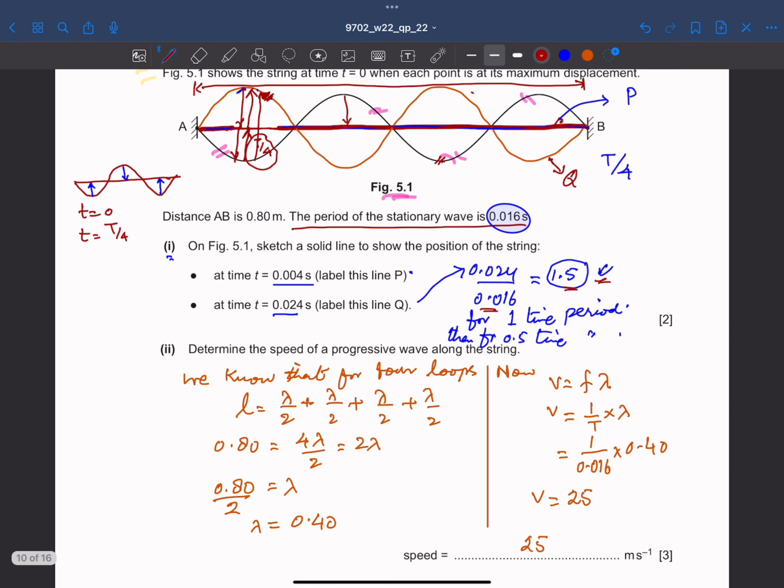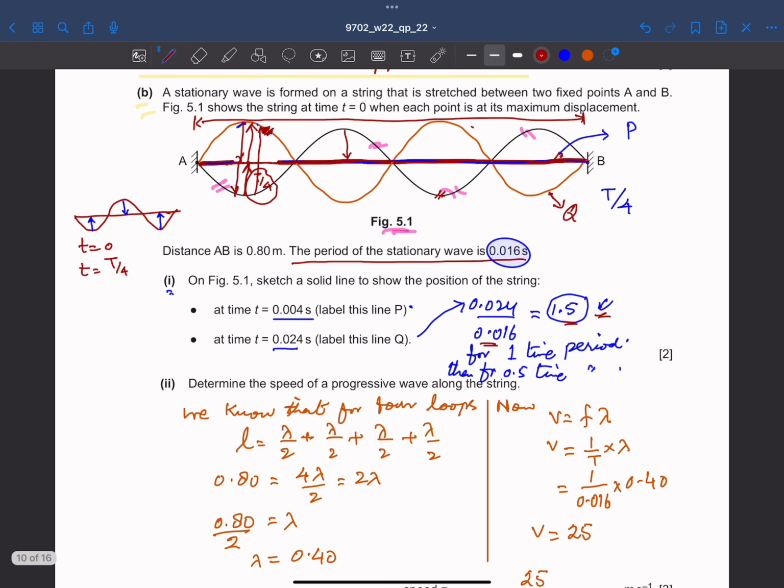Determine the speed of a progressive wave along the string. You must remember that here you have nodes, and the distance between consecutive nodes is lambda by 2. How many nodes do you have? 1, 2, 3, 4, 5.